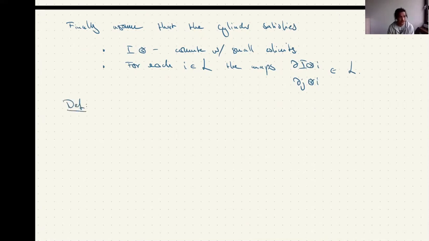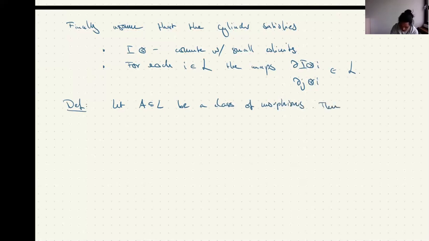So we make the following definition. We pick a class of morphisms A in the left class.